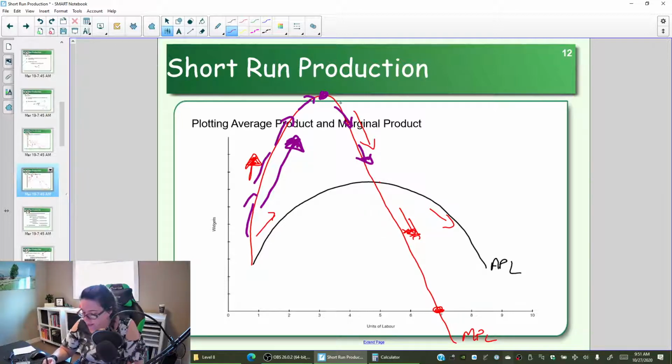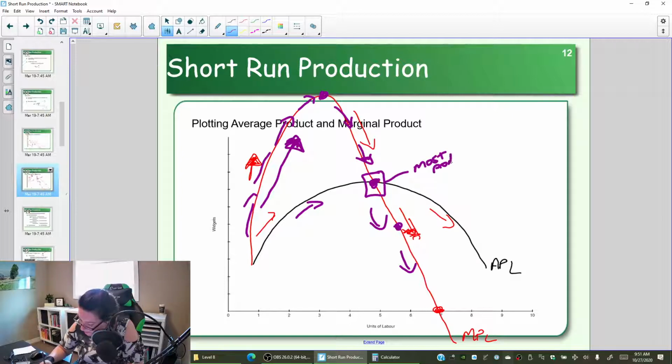Notice that even though we're adding less from each worker, as long as the marginal product is higher than the average, the average keeps going up. It's only when the marginal product is below the average that it pulls the average down. And so once the marginal is below the average, we start to see the average decrease. So we can see here at this point, this is when our workers are the most productive.